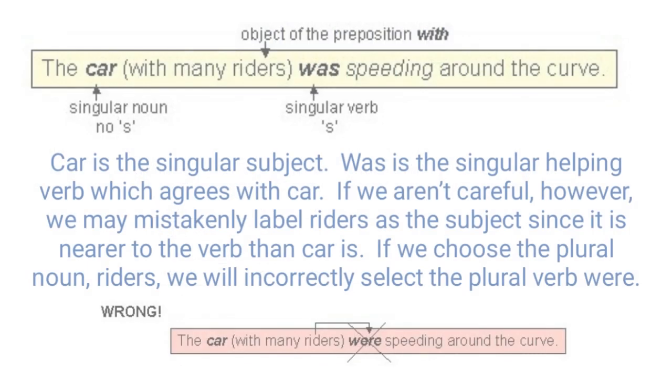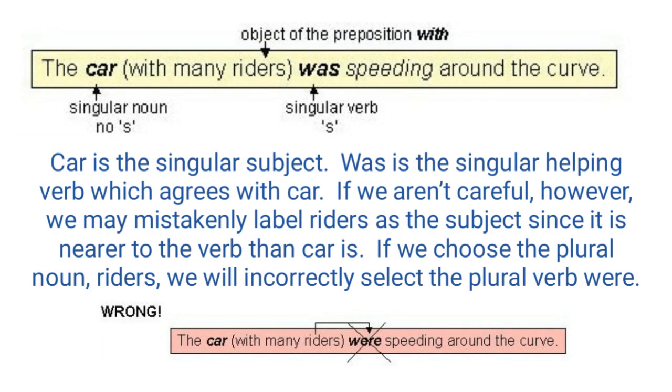Now we are going to study some examples which always confuse us, some usages. First one, the car with many riders was speeding around the curve. What's the subject here? The car with many riders. The subject is the car, not the riders.